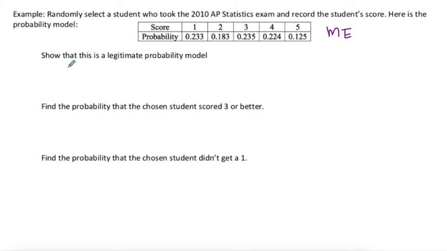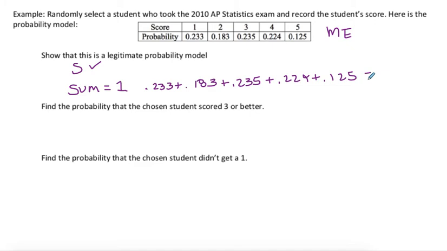So in our legitimate probability model, we have all the possible outcomes, so we do have the sample space. And then we have the sum is equal to 1. So we can check that: 0.233 plus 0.183, and adding up all 5 of these probabilities to show that it is legitimate.